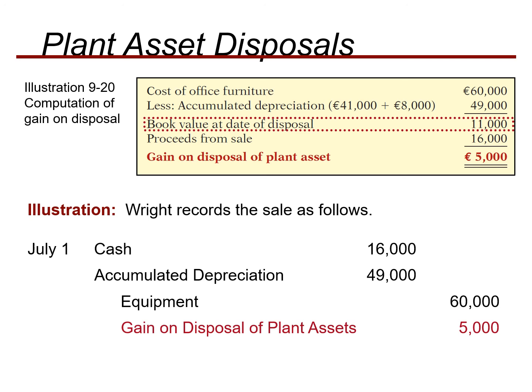Equipment 60,000 is the actual cost of that asset, and the gain on disposal is calculated from the computation above. So this would be the journal entry while you are disposing of your asset on the basis of sale of that asset.